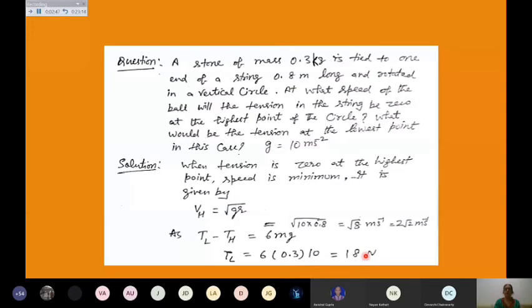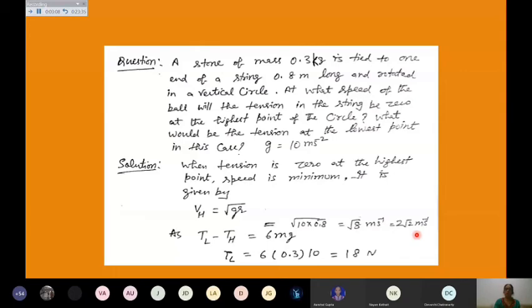If you want to find the velocity at the highest point where the tension is becoming 0, then VH is equal to square root of gR. So you can put the value of g, and R is given 0.8 meter. So I'm getting the answer square root of 8, which is equal to 2 root 2 meter per second.